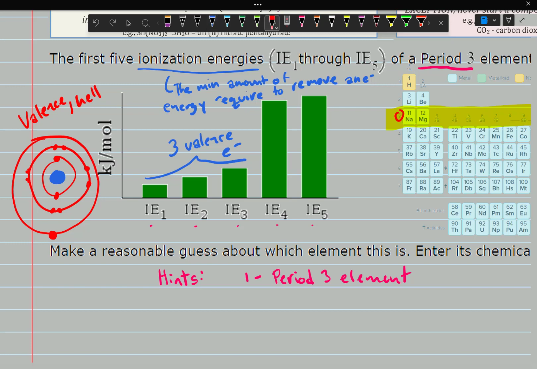Going back to our little diagram, that would mean there are 3 electrons in our valence shell. And so these electrons are going to be pretty easy to snatch away from the atom. However, once all of these electrons have been removed, then we start trying to remove what we call core electrons, or inner electrons. And those are a lot more difficult to remove.